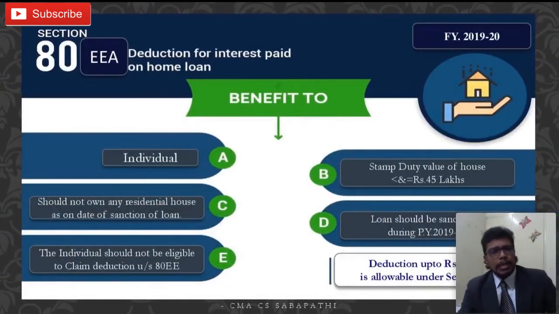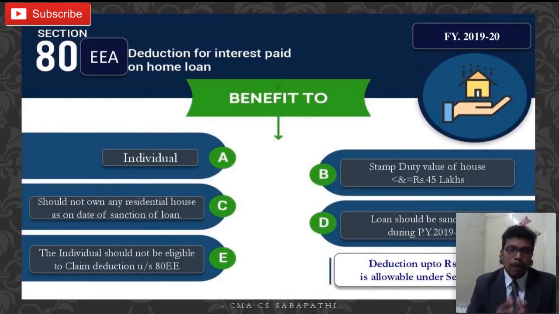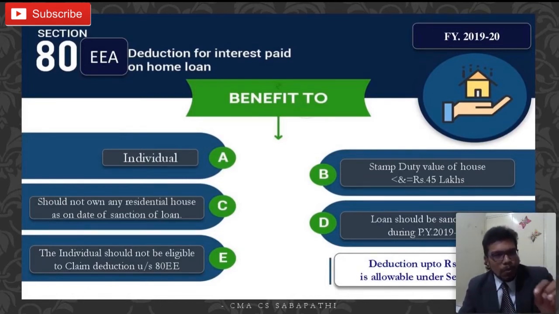For this year, a new section has been introduced, that is 80EEA. First condition: you should not have taken any deduction under the previous 80EE. Now, you have purchased a house with value less than or equal to 45 lakhs. You should not own any residential property previously.